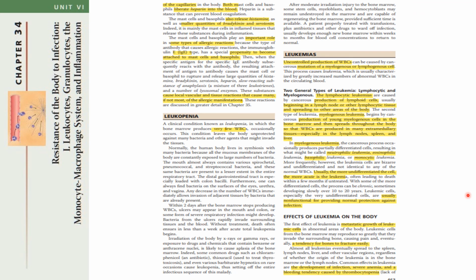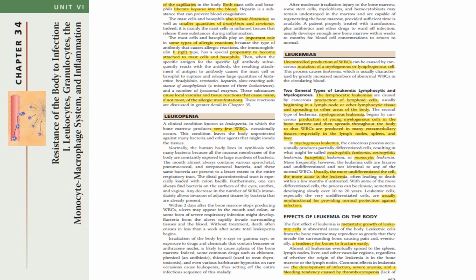Leukemic cells, especially the very undifferentiated cells, are usually non-functional for providing normal protection against infection. What happens to the body in leukemia? The first effect of leukemia is metastatic growth of leukemic cells in abnormal areas of the body.